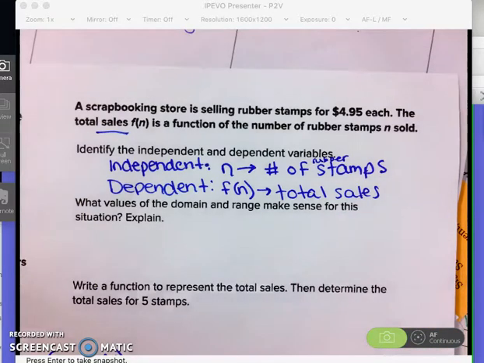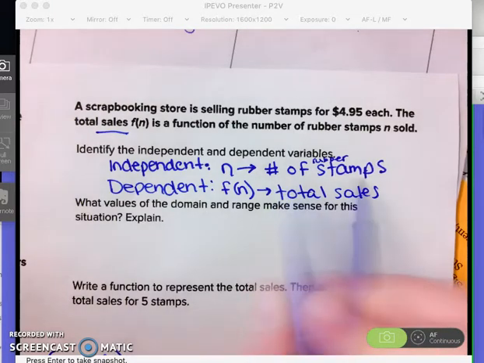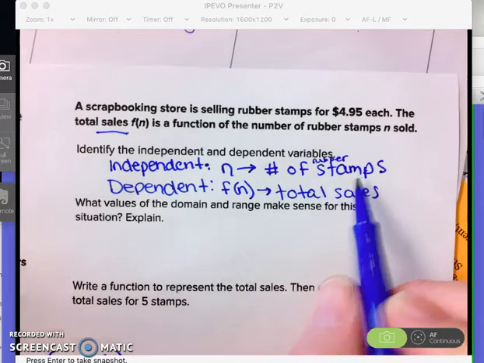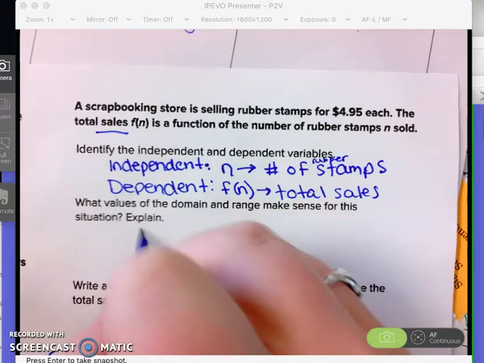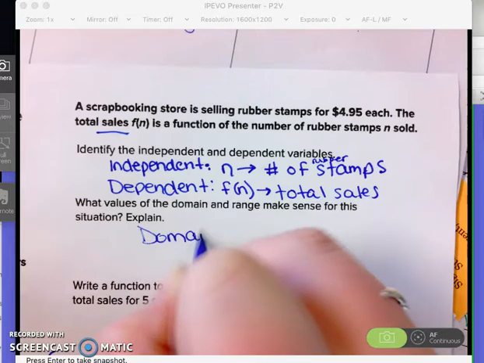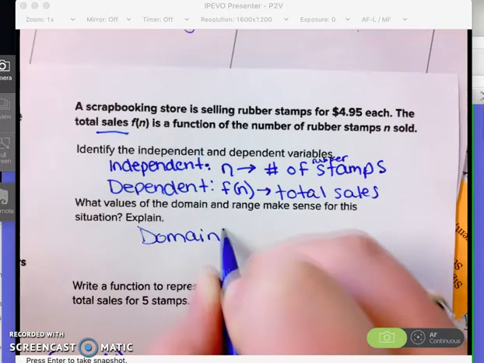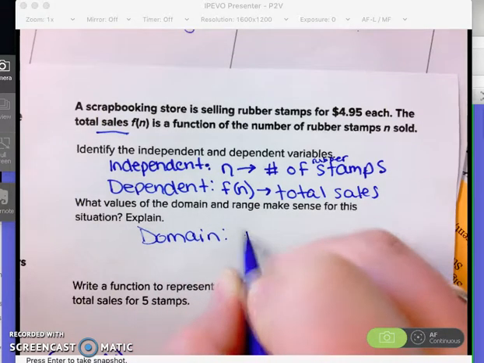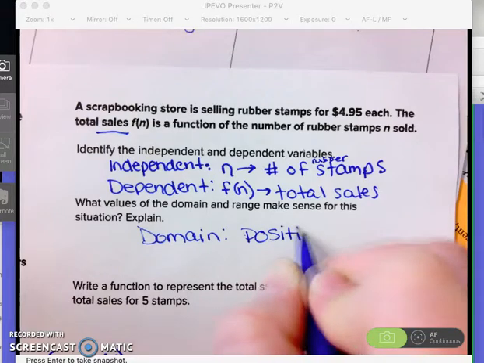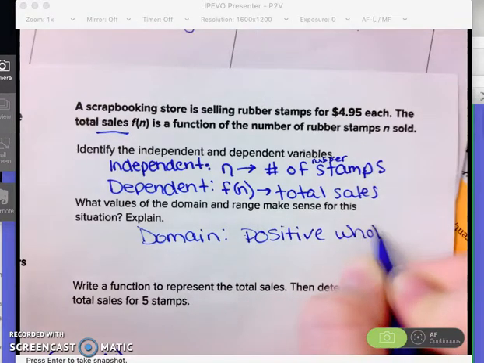So what values of the domain and the range make sense for this situation? Again, I'm not going to have a negative amount of stamps sold. So my domain is going to be all whole numbers greater than 0, so positive whole numbers.